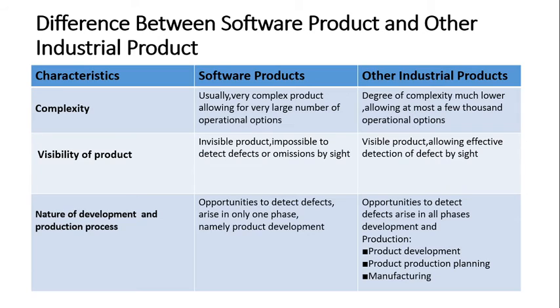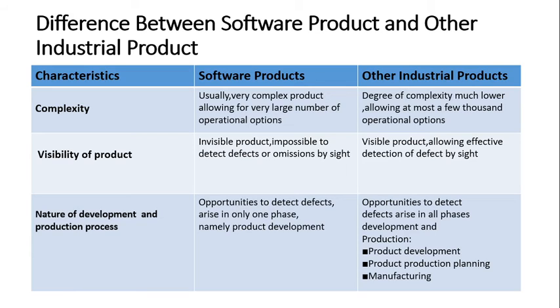Nature of development and production process. In a software product, opportunities to detect defects arise in only one phase, namely product development. But in other industrial products, opportunities to detect defects arise in all phases: product development, production planning, and manufacturing.